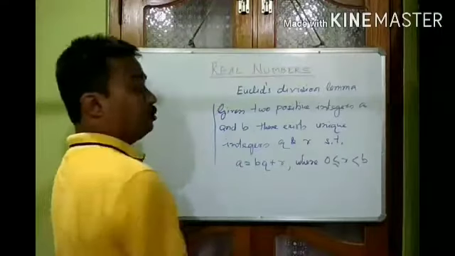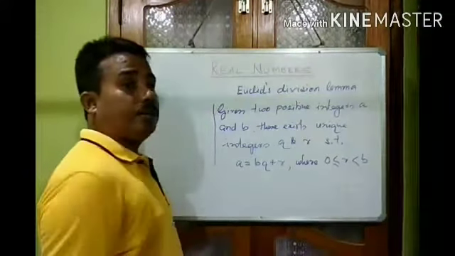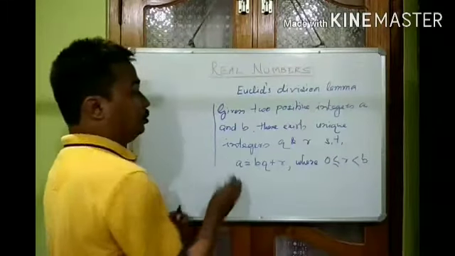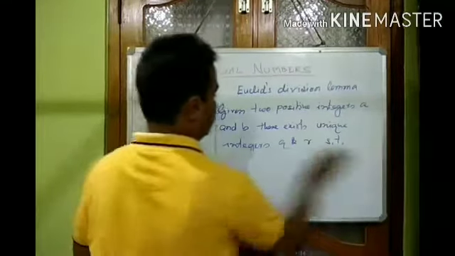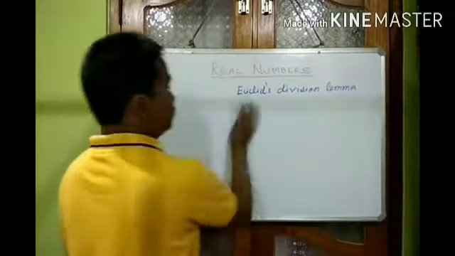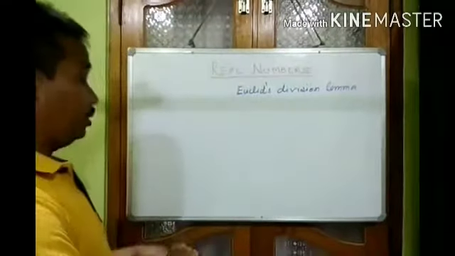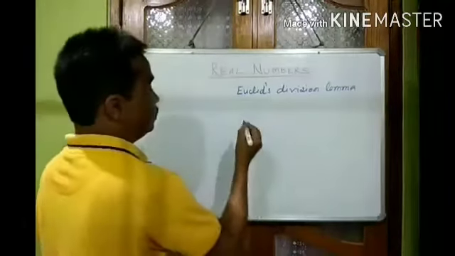Using Euclid's division lemma, we can find the HCF of two numbers also. How to find the HCF of two numbers?